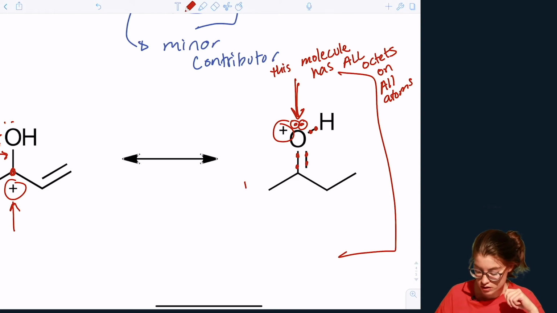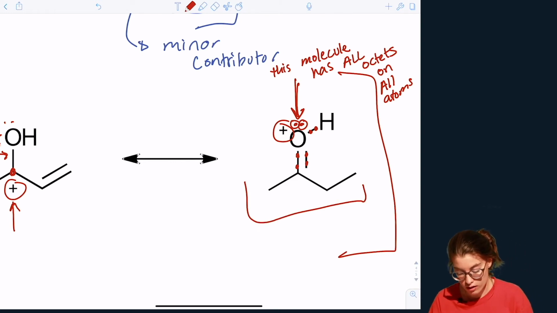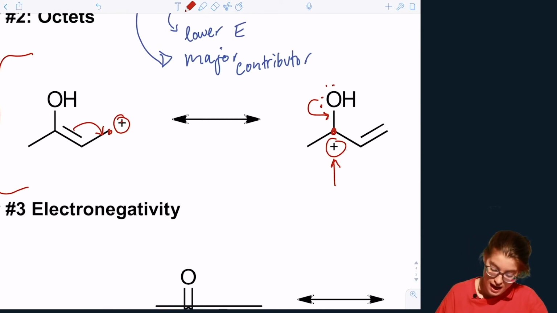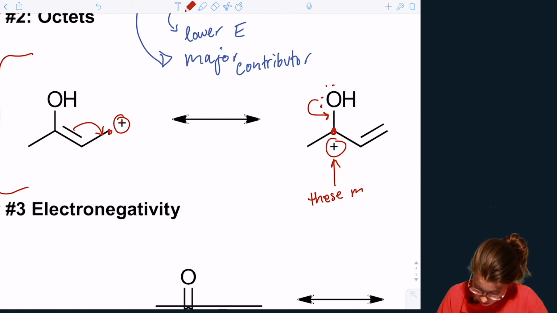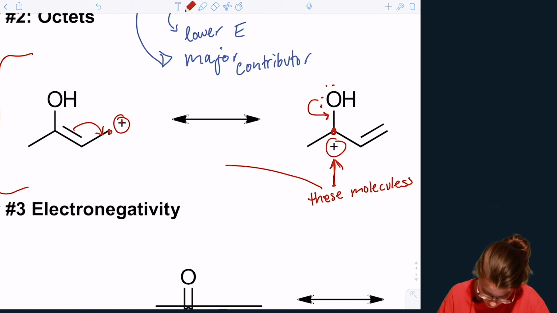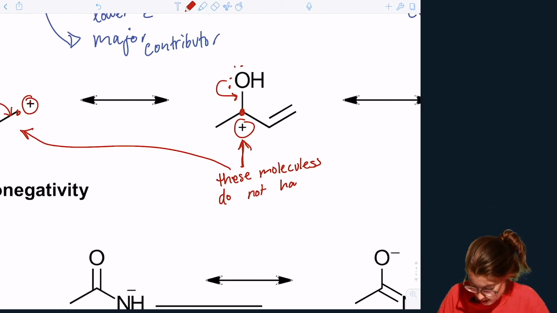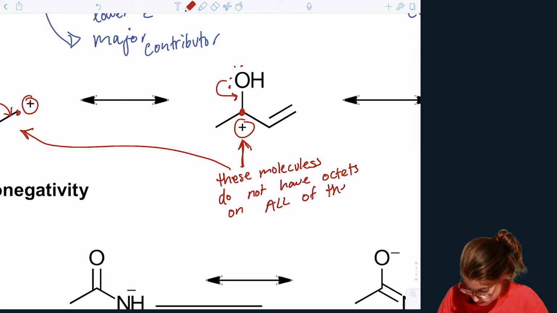Okay, so this molecule right here has octets on all of its atoms, whereas these other two molecules have octets on all of the atoms except for one, the carbocation. So these molecules, this one and this one, do not have octets on all of their atoms.